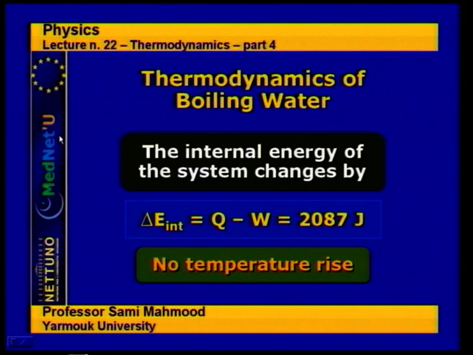This is the internal energy change of 1 gram of water as it vaporizes at 100 degrees centigrade, changing its state from a liquid state to the gaseous state only. And we should remind ourselves that there is no temperature rise in the system. It's just that the process is the evaporation of this system from the liquid state to the gaseous state.